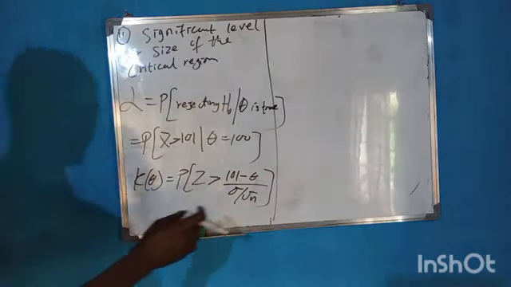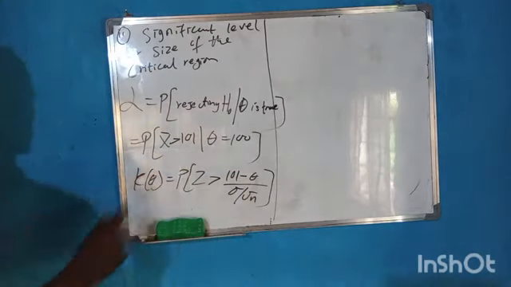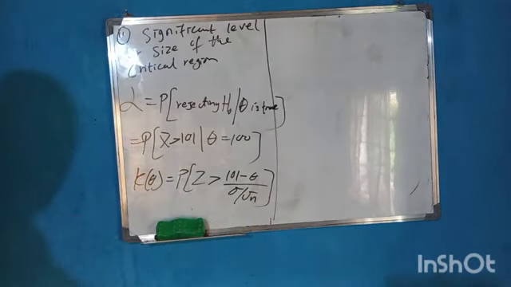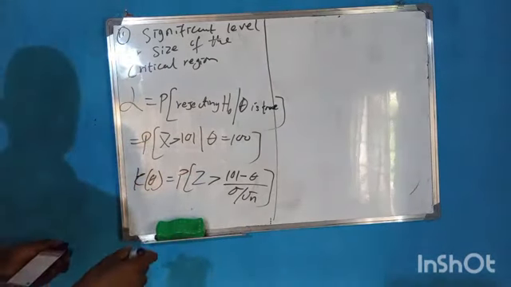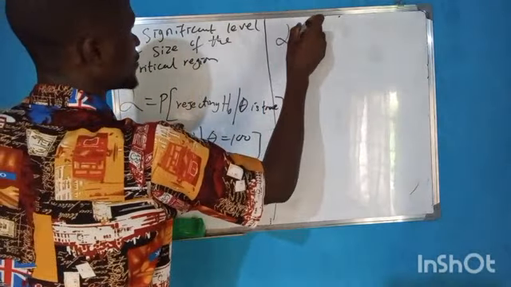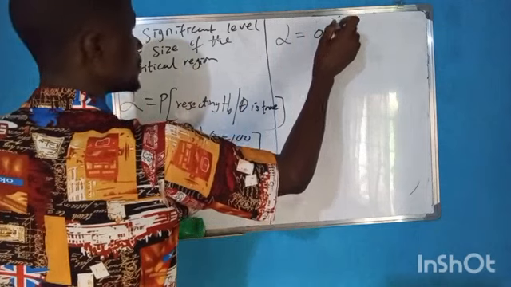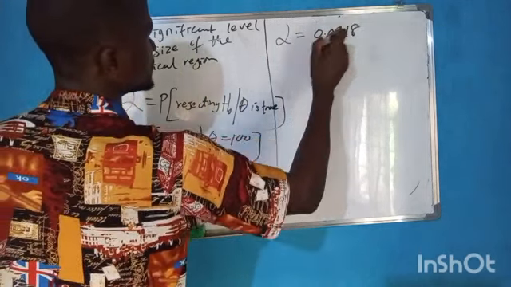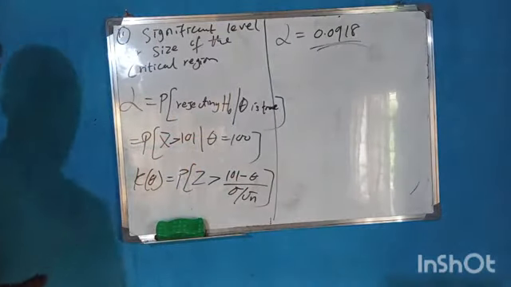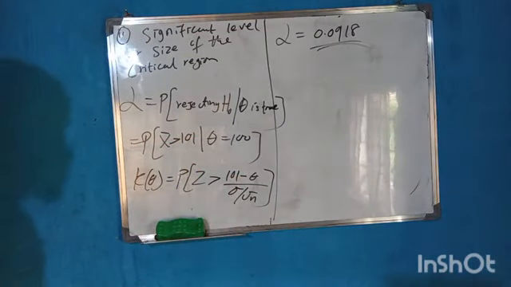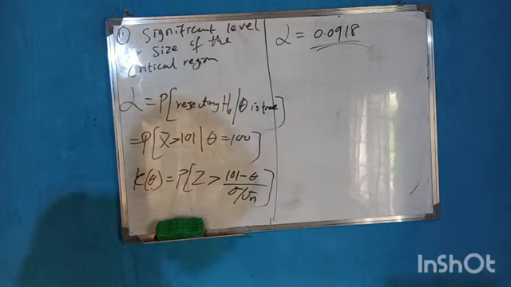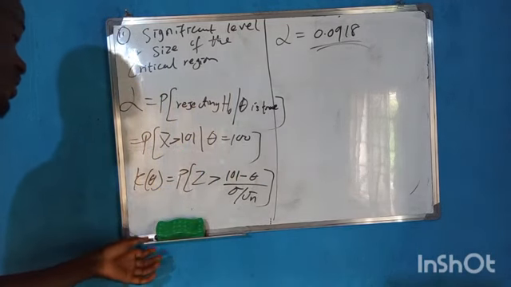So we substitute theta equal to 100 in this power function. We have done it before. So our answer will have alpha equal to 0.0918.